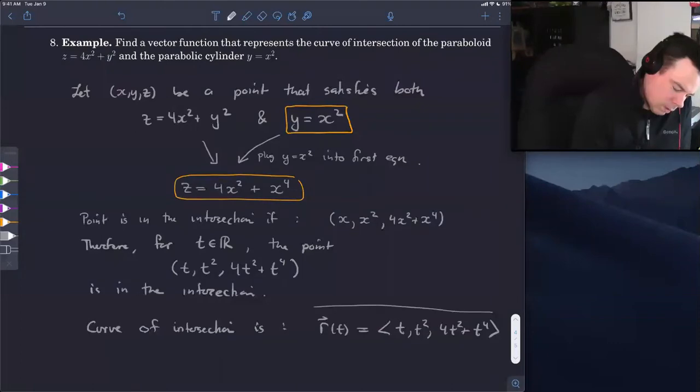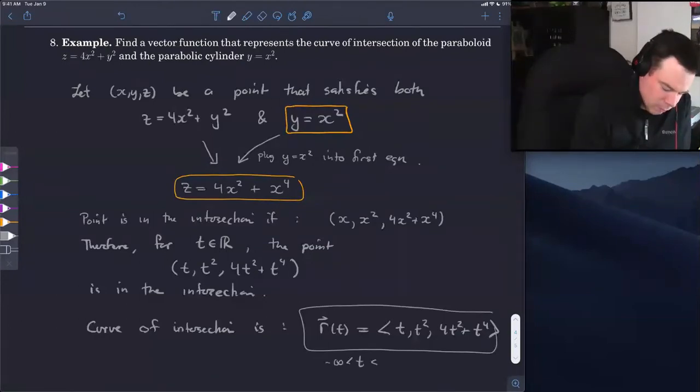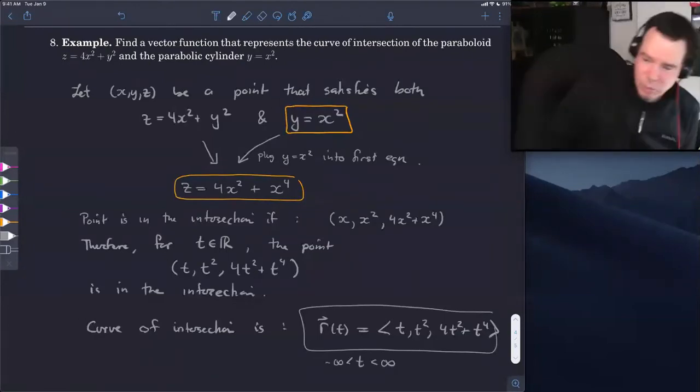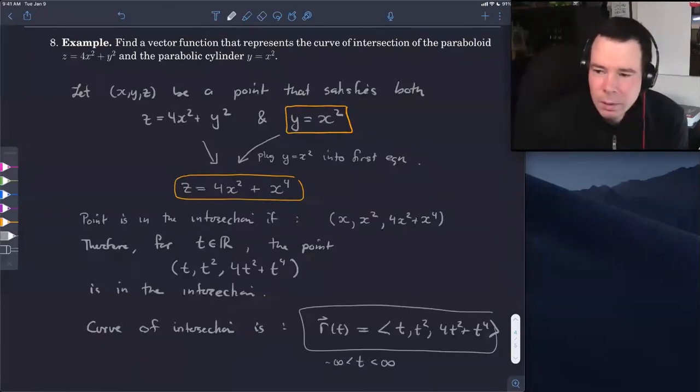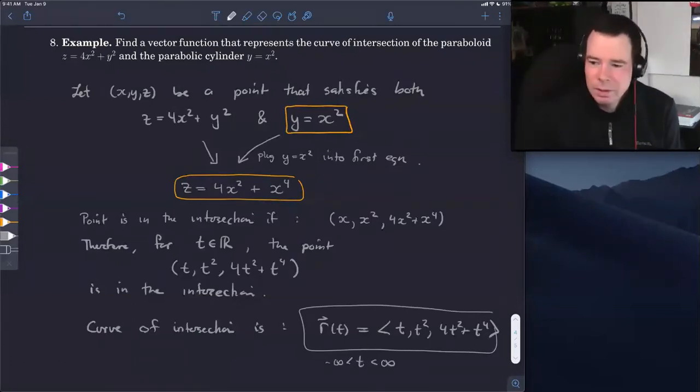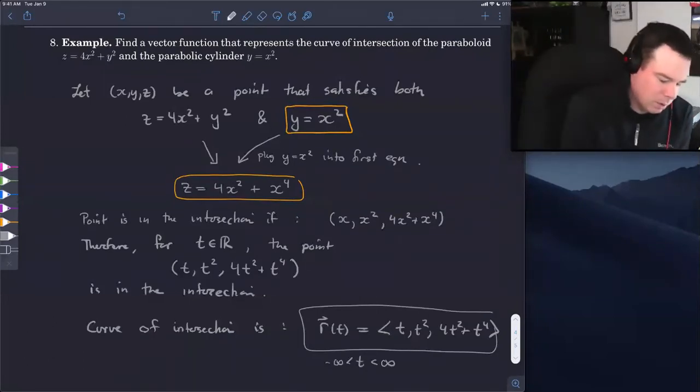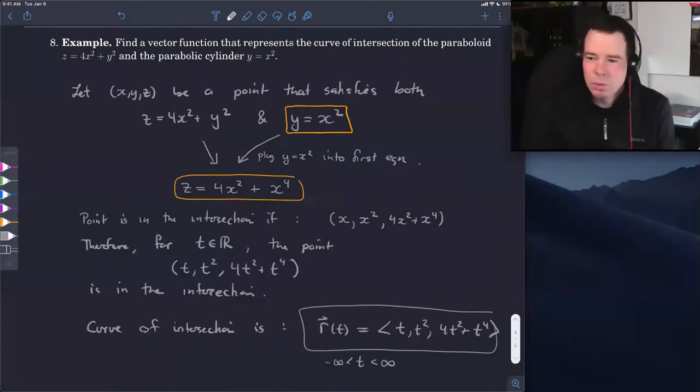And so there is our vector equation. And t can be anything from negative infinity to infinity. There were no conditions on what t was. So we did exactly what we would have done in linear algebra, but we did it with nonlinear equations. That was the idea here. We can take these techniques that we learn in other courses and certainly apply them in new situations.